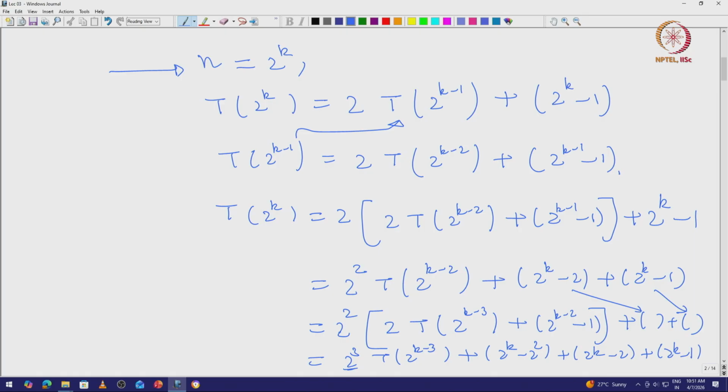as a term. Then you have 2 power k minus, if you have 3, everything from 2, 1, 0 you have.